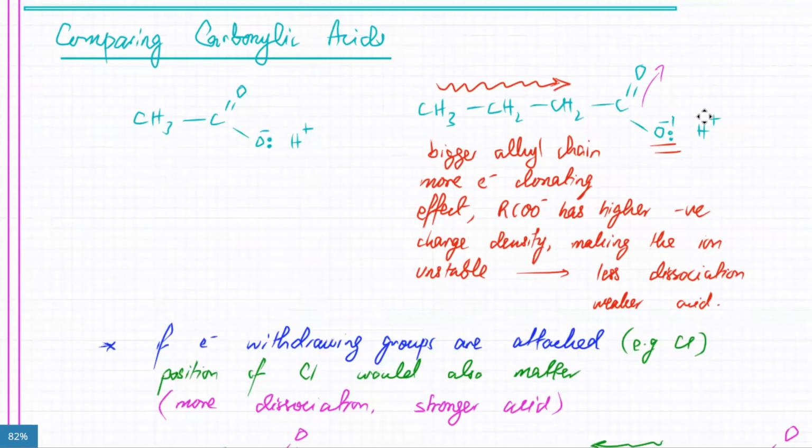Because in carboxylic acid, they also have a negative charge on the oxygen, but they have a very electronegative oxygen next door. So the electrons get completely withdrawn towards that oxygen. So the negative charge density is even lesser, which is why they're even stronger acids. They ionize even more.